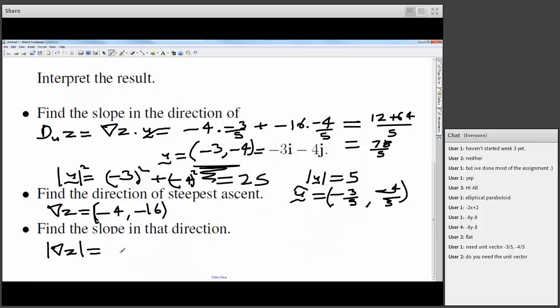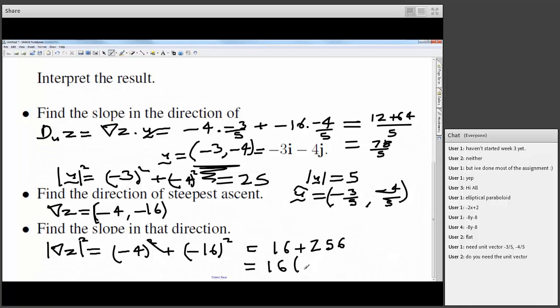And so that'd be, again, let's square it to make it easier for us all. So it's going to be -4 squared plus -16 squared, which is equal to 16 plus 256. You could do it, but I'm just going to factorize the 16s out.